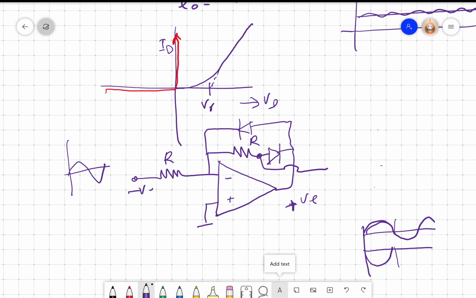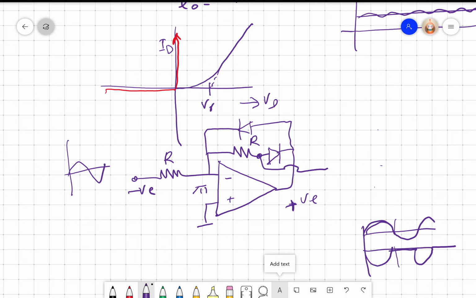This diode will open circuit. Please remember, this is ground potential, and because it open circuits, there is no current here. So I will get half wave rectification.